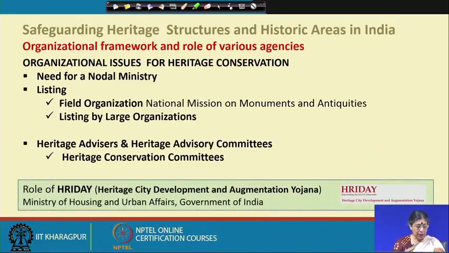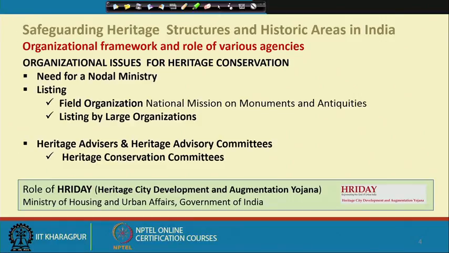Also, we must know that recently the Hriday, the Heritage City Development and Augmentation Yojana, which is the Hriday concept, was launched by the Ministry of Housing and Urban Affairs, Government of India. One of its mandates is looking at the heritage city, and it especially addresses various issues relating to conservation and development. Many cities have been selected under different phases, and many schemes have been worked on.